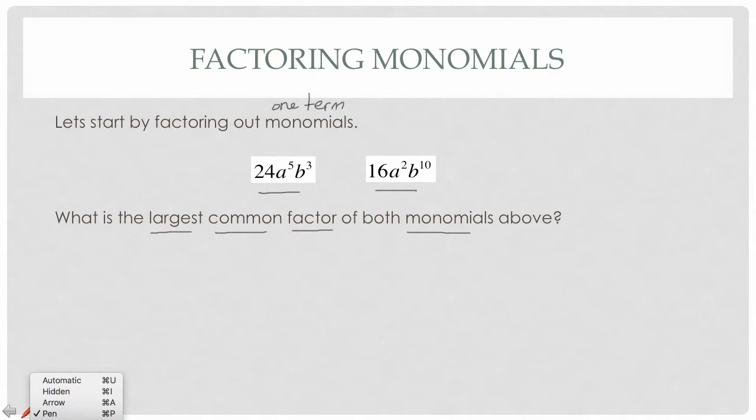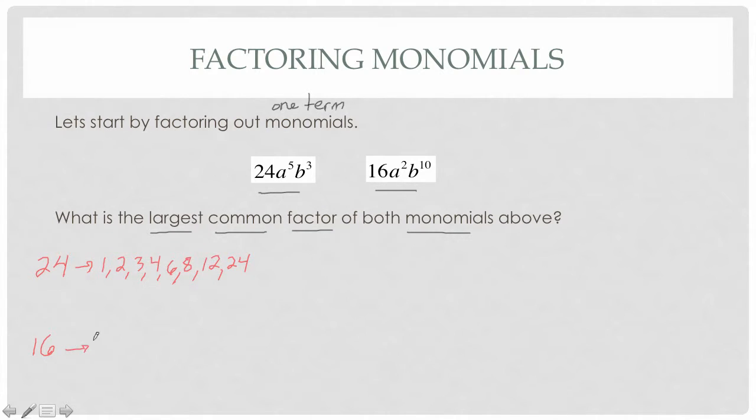Well, let's start with just the numbers. So 24 and 16, let's list out all the factors. 24 has the factors of 1, 2, 3, 4, 6, 8, 12, and 24. Those are all numbers that divide evenly into 24, and they're all factors. 2 times 12, 3 times 8, 4 times 6, and so forth.